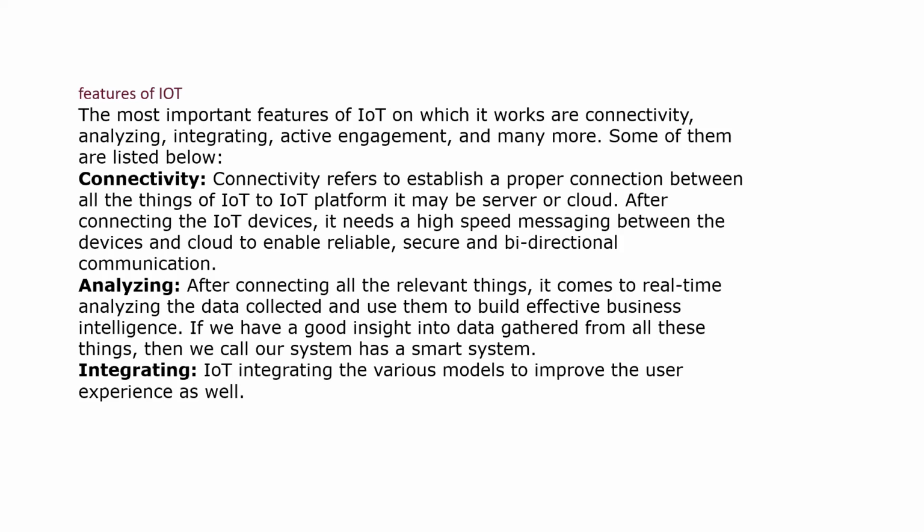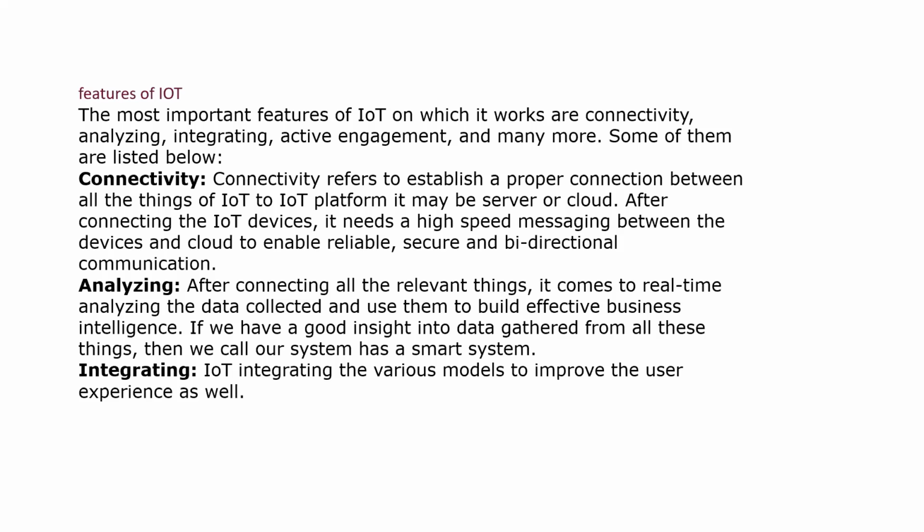Okay. So as you know, connectivity is establishing a proper connection between different things. Okay. So it may use a server or it may use cloud. And it may need a mobile communication platform, it may need a messaging platform.